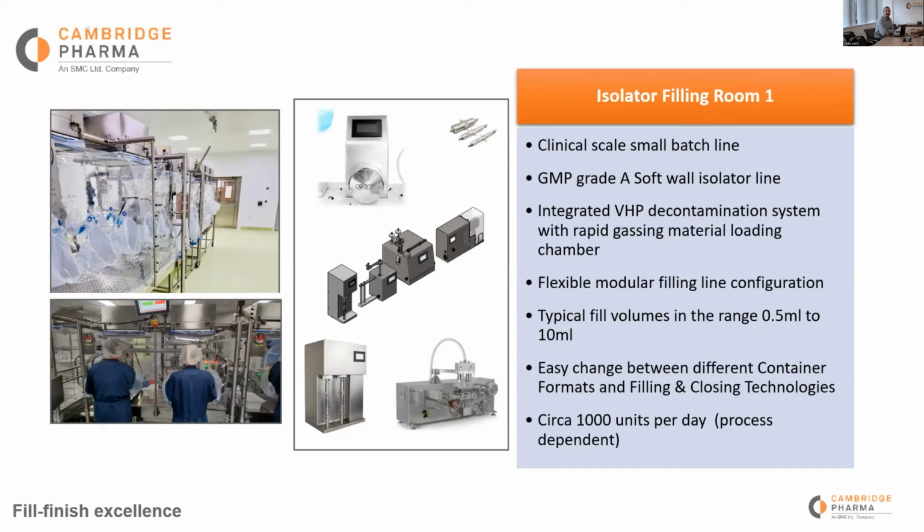It's a slightly slower rate because it is a semi-manual process, but all of the critical activities are still automated by stations that you see on the screen there. So typically around 1,000 units per day, dependent on the process.